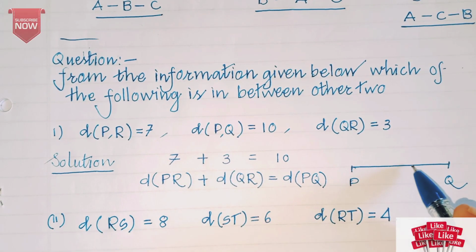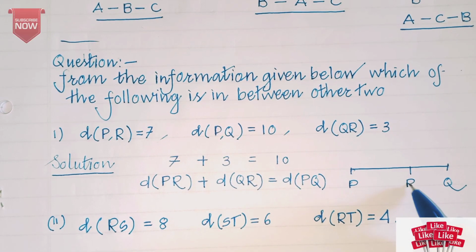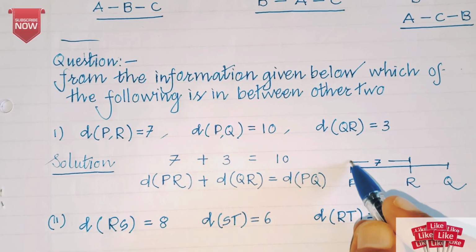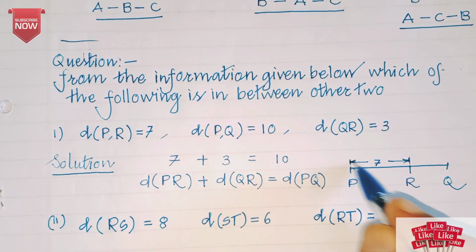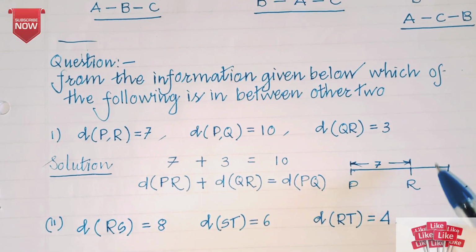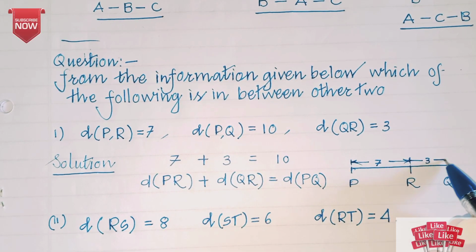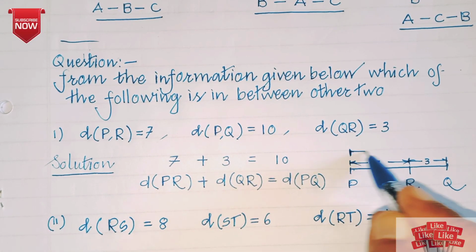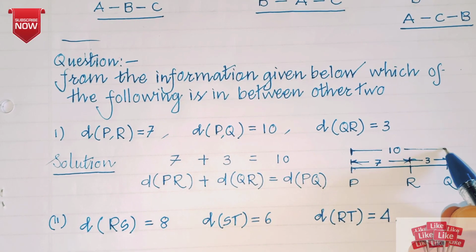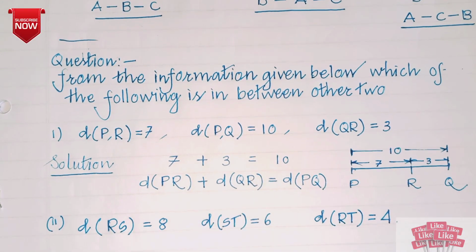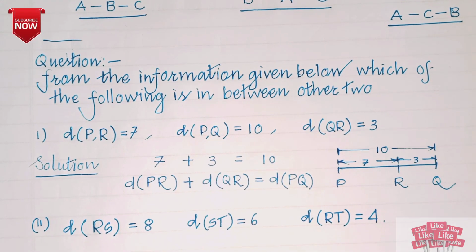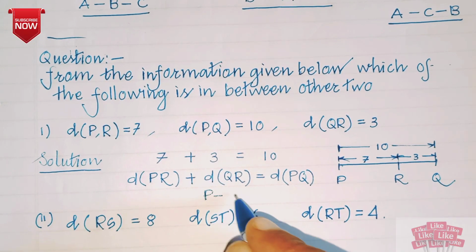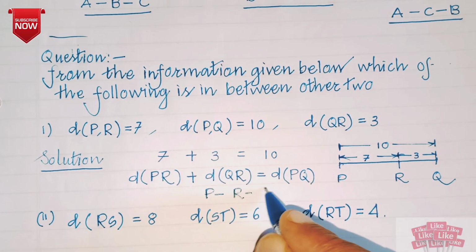See PR is 7. Now see here, distance QR or RQ is given 3. Now total distance we are seeing here is 10. So we can write here P, R and Q.